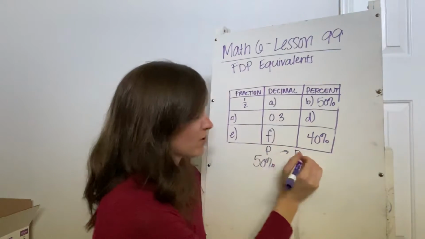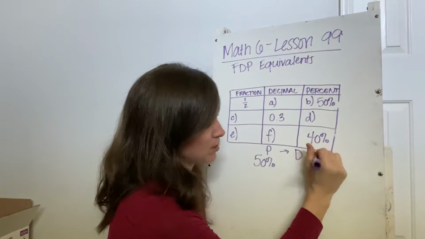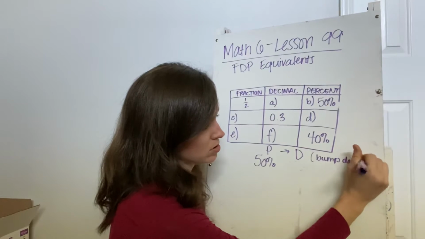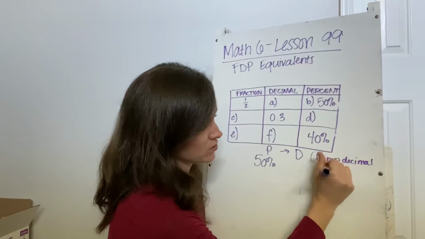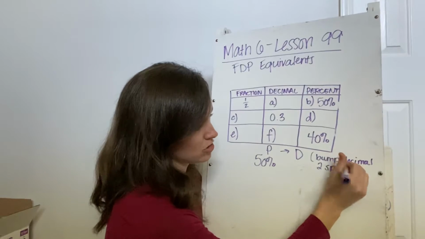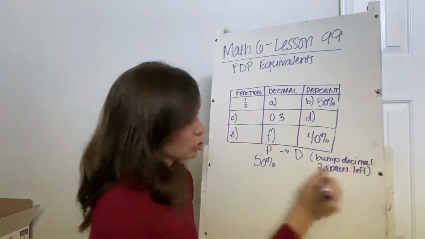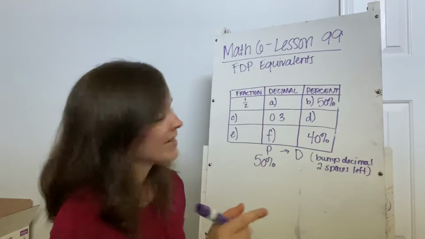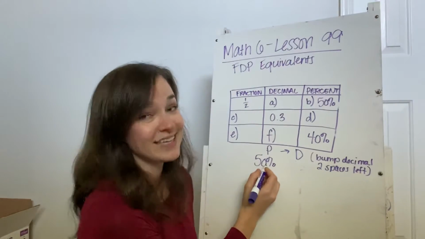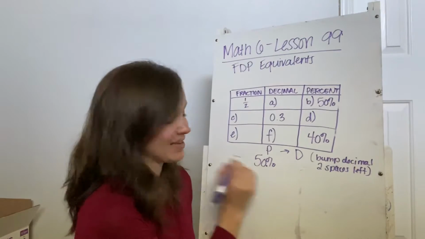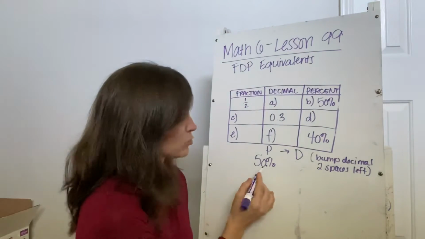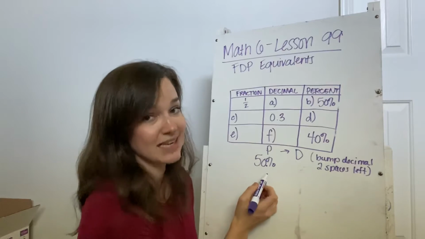So if we're going from percent to decimal, that means bump the decimal 2 spaces to the left, okay? You're like, what decimal, Miss Gutierrez? I don't see a decimal. Good point. The decimal, if we don't see it, remember, is always at the very end of the number, okay? So we can just plop it right there at the end. That's where it will always be if we don't see a decimal given.